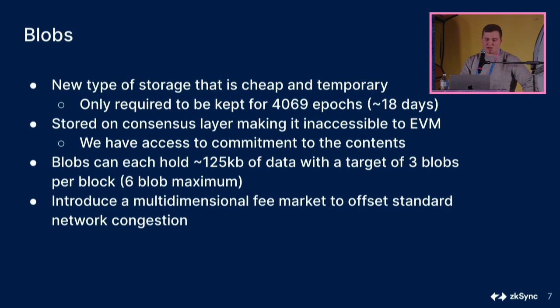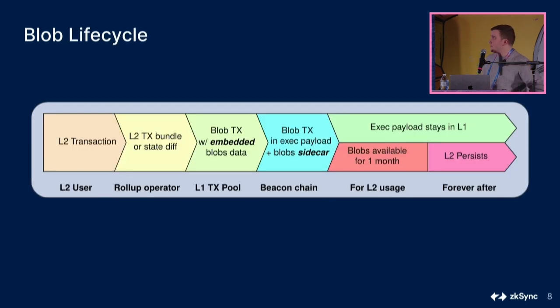So we can go into the blob lifecycle. When a user submits a layer 2 transaction, it gets sent to the rollup operator, batched together with a bunch of transactions from everyone, and then sent to the layer 1 mempool.